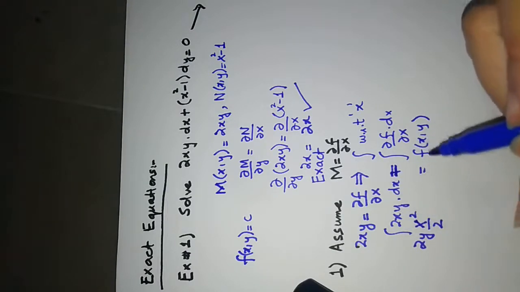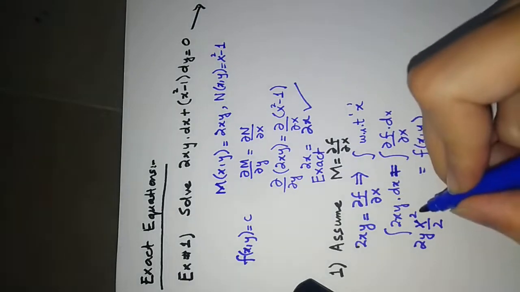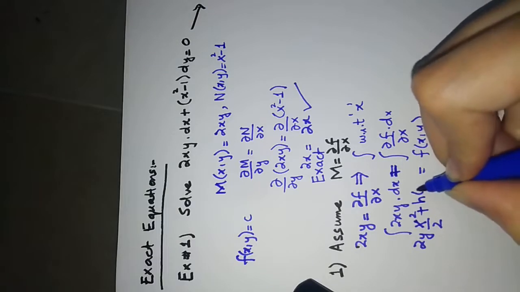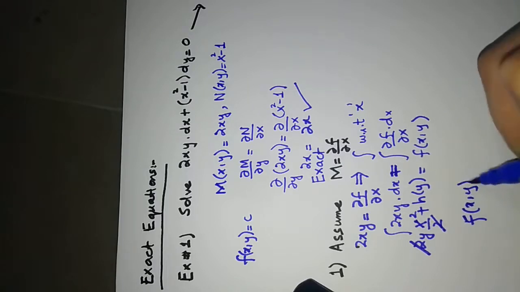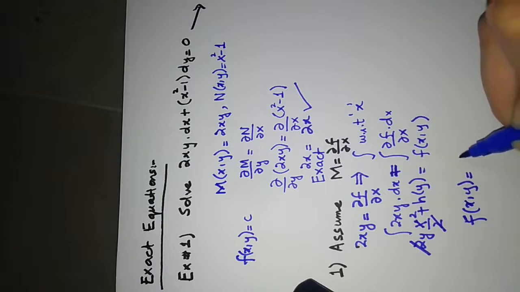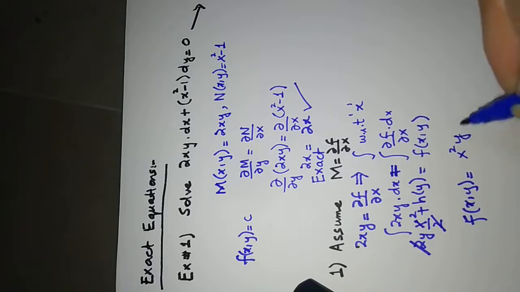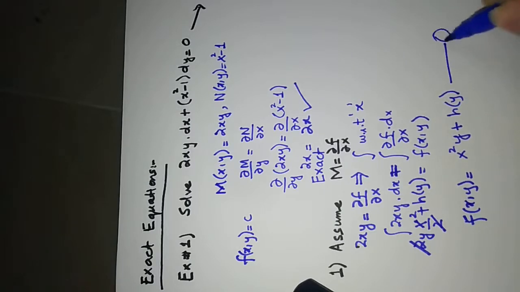Here y is considered a constant, so the constant of integration is h(y), right? The 2 and 2 divide and multiply, so they cancel, and the function remains f(x,y) equals x²y plus h(y). I name this equation A.